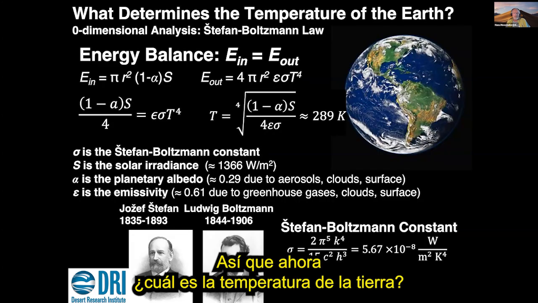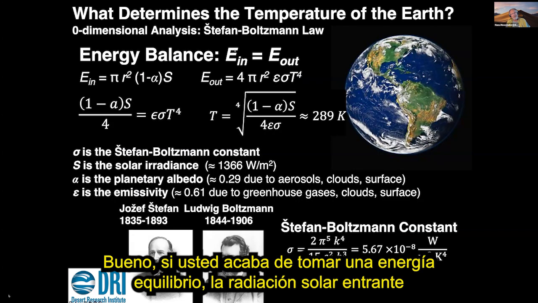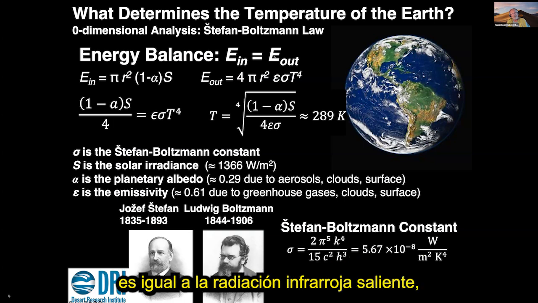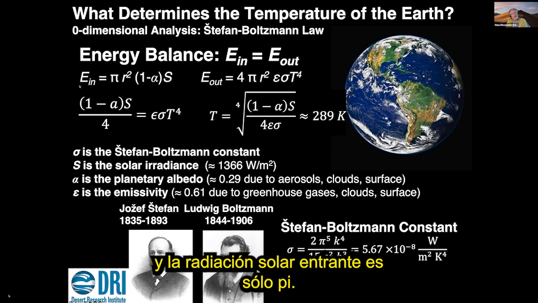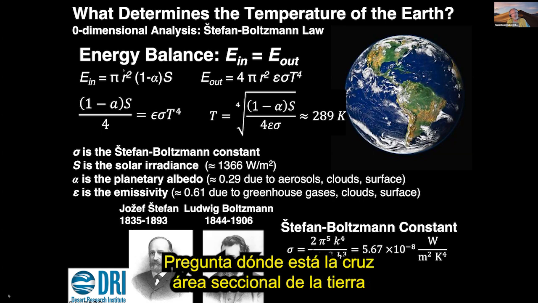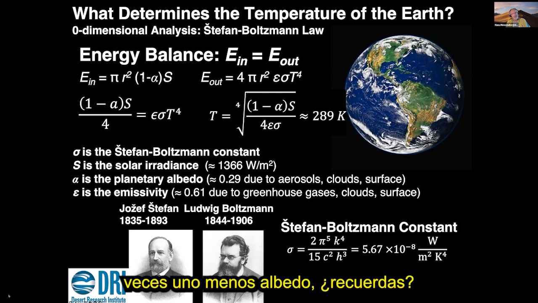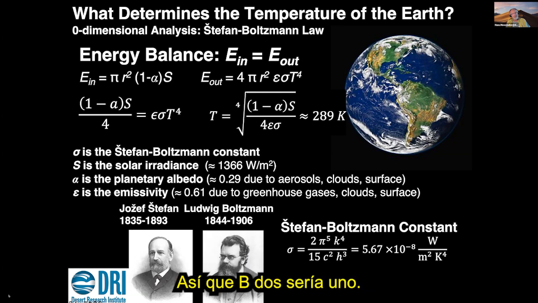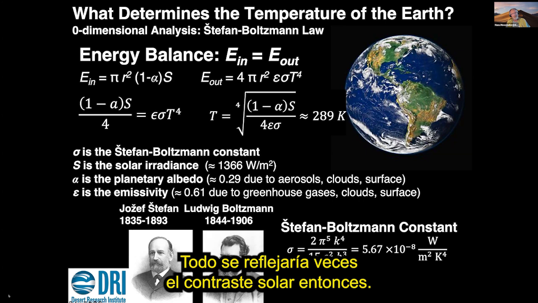So now, what's the temperature of the Earth? Well, if you just take an energy balance, the incoming solar radiation equals the outgoing infrared radiation. The incoming solar radiation is just pi r squared, the cross-sectional area of the Earth, times 1 minus albedo. Remember, if the albedo were 1, everything would be reflected.